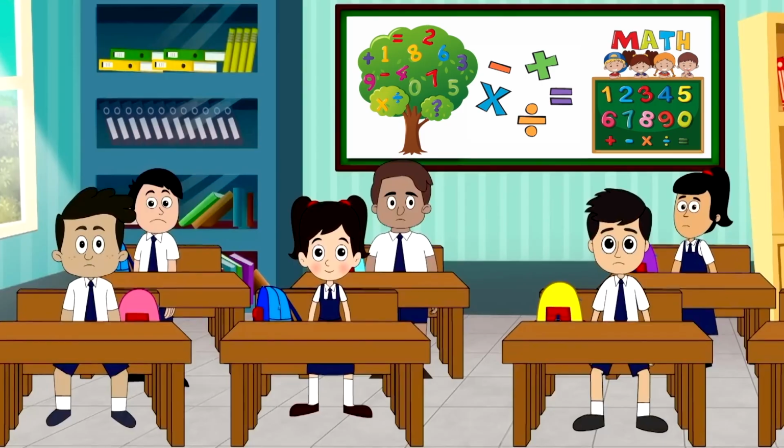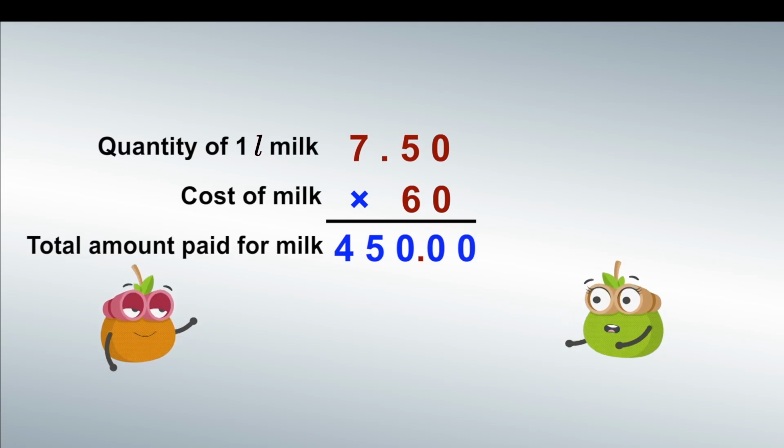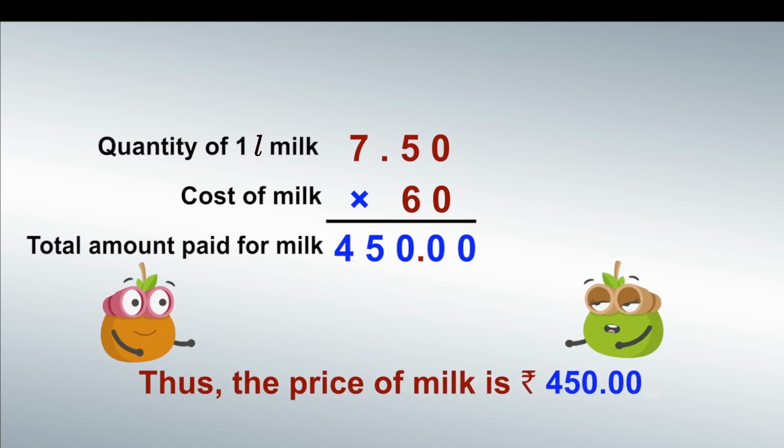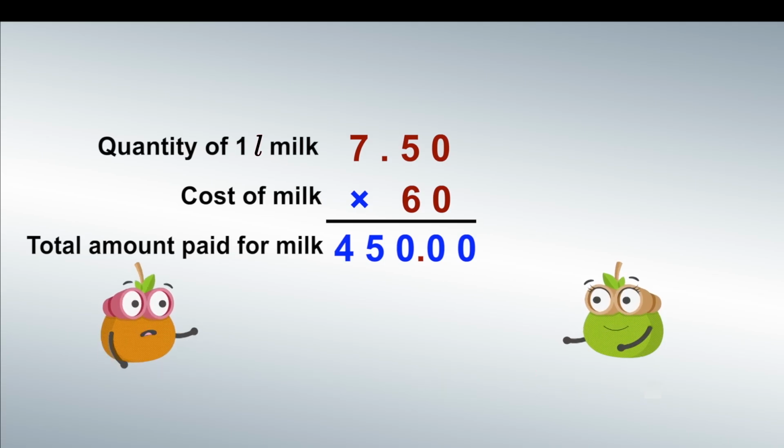In our case, 7.50 has 2 decimal places, while 60 does not have any. There are 2 decimal places in total. Place the decimal point in the product before the first and second digits from the right. Thus, the price of milk is rupees 450.00. Thank you, Appy. It is great fun.